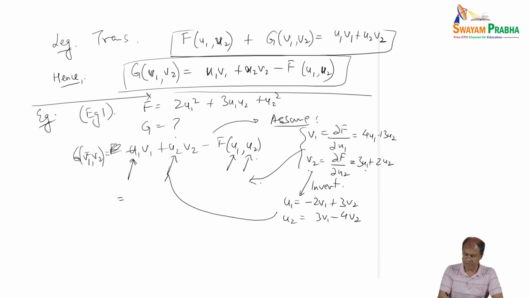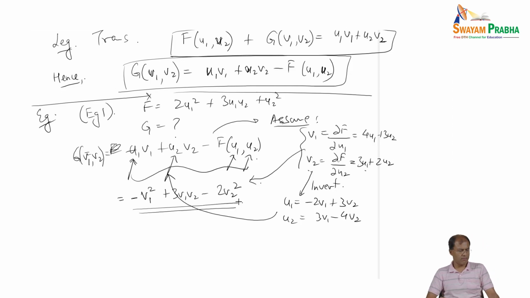We plug everything into these expressions, and after plugging in the values of u1 and u2, we get purely an expression of v1 and v2. We get minus v1 square plus 3v1 v2 minus 2v2 square, and that is what we have.